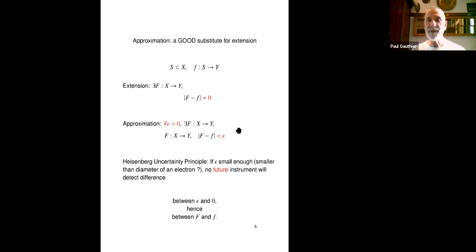And I consider it to be a good substitute, because by Heisenberg's uncertainty principle, if the epsilon is small enough, say smaller than the diameter of an electron, then no instrument, not even a future instrument, will ever be able to detect the difference between epsilon and 0, and therefore will not be able to detect the difference between the approximation F and the original function f.